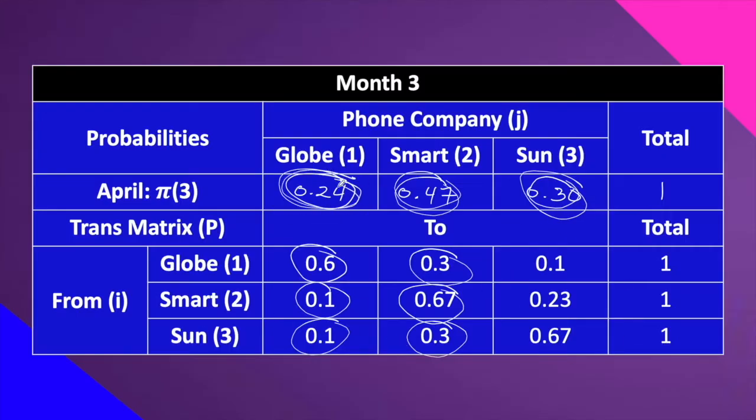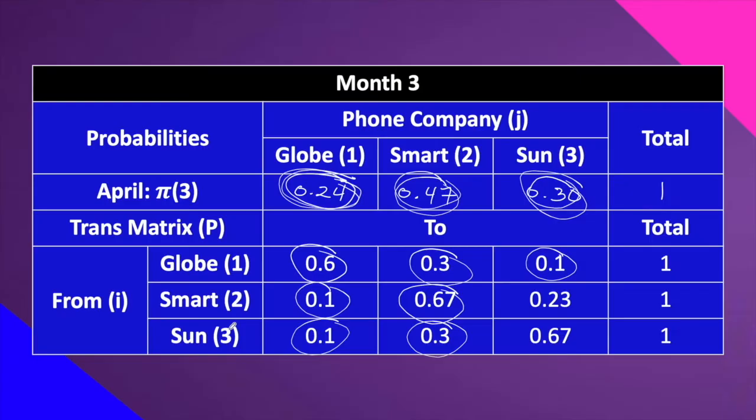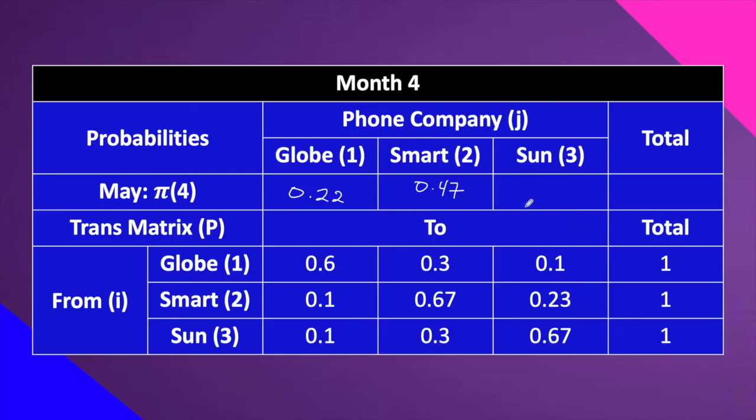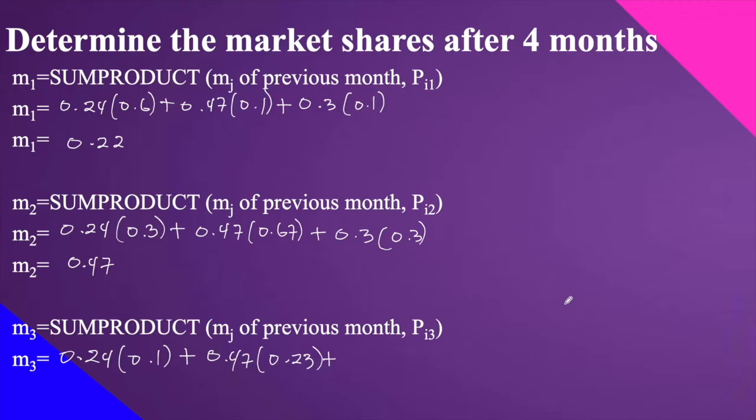So we have 0.24 times 0.1 plus 0.47 times 0.23 plus, ito, 0.30 times 0.67.